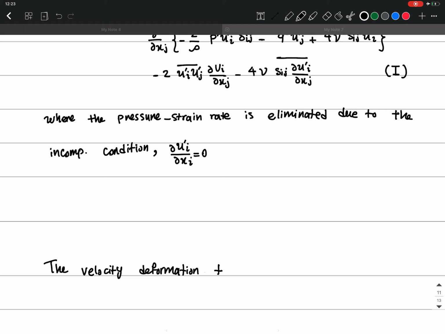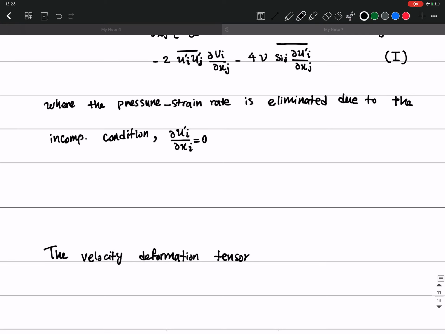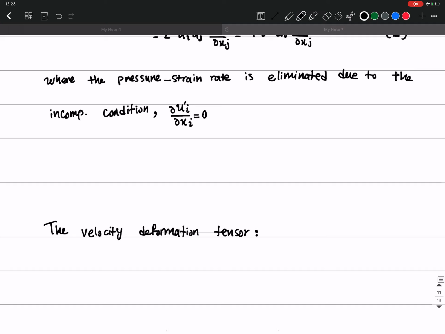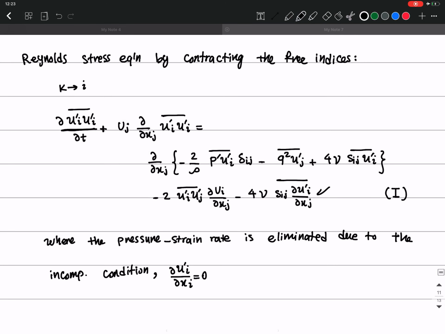In general, we can decompose it into a symmetric tensor and an antisymmetric tensor. How? You can write this partial u prime i over partial xj, which is the velocity deformation tensor that we have here.